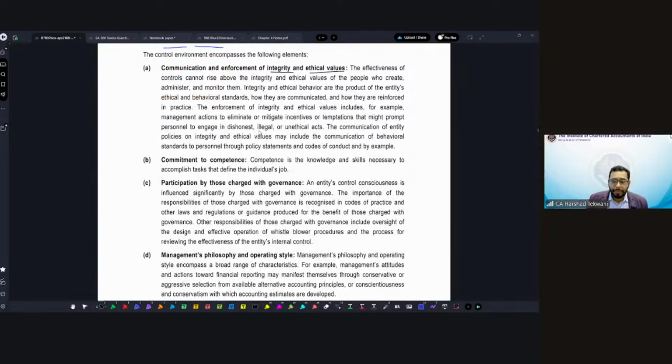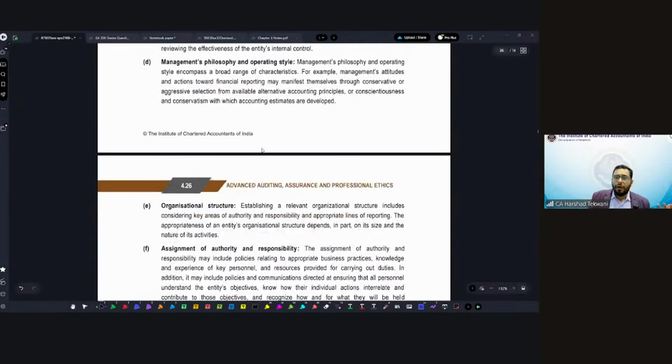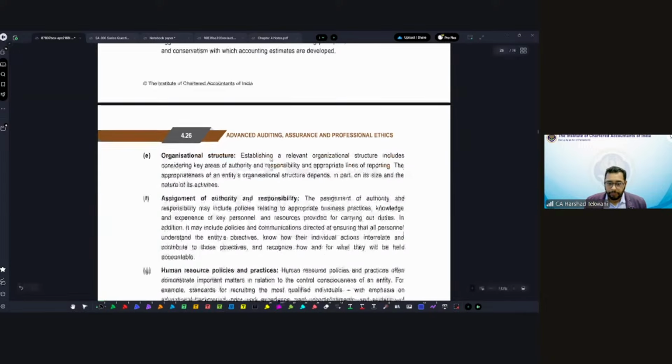Okay. So participation by those charged with governance, because they are the one who will design it. They need people competency to run this particular control. Management philosophy is something like the tone at the top.